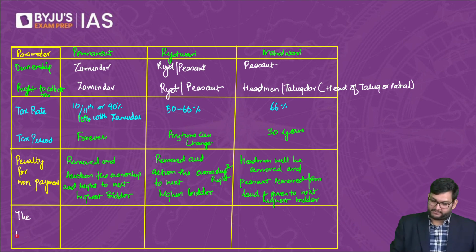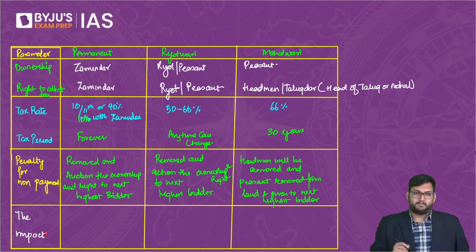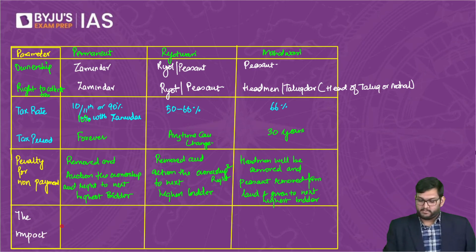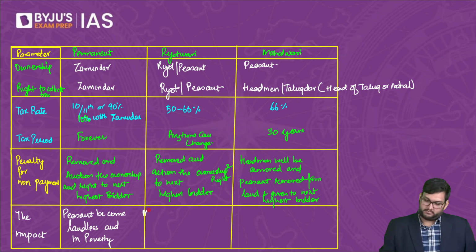And the impact: the peasant becomes landless and in poverty. Money lenders become rich.